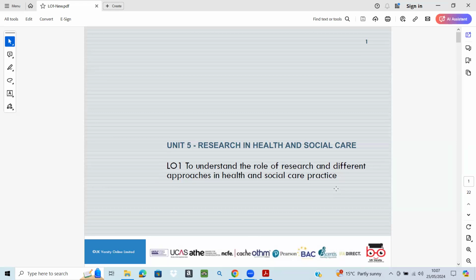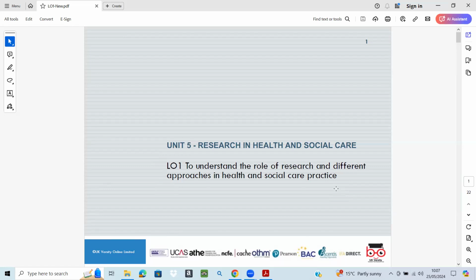This approach involves the systematic investigation of phenomena using numerical data and statistical techniques. It is often associated with measuring variables and quantifying relationships or differences. An example could be a study examining the correlation between physical activity and cardiovascular health using data collected from large sample sizes to determine statistically significant relationships.